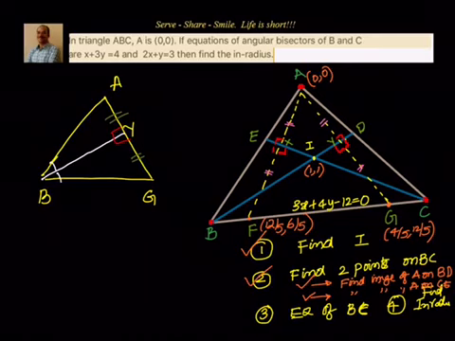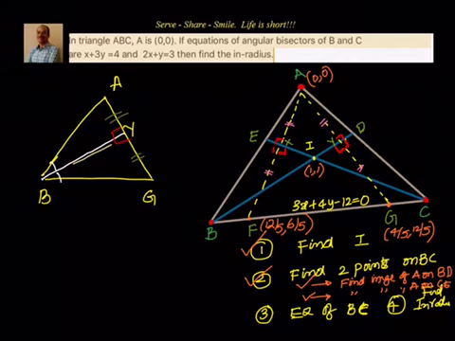And also you know that BY is perpendicular to AG. That means BY, the angular bisector, is the mirror and the image is nothing but the point on BC.